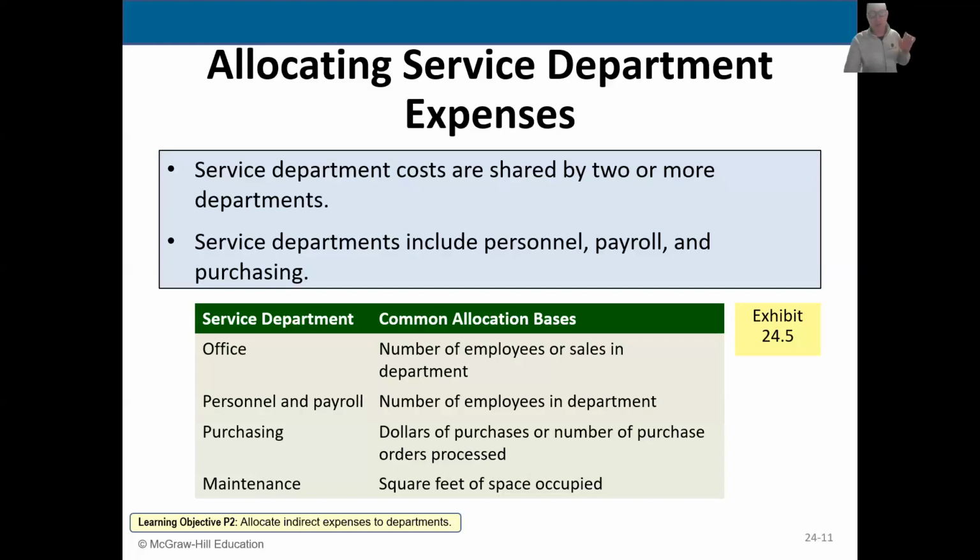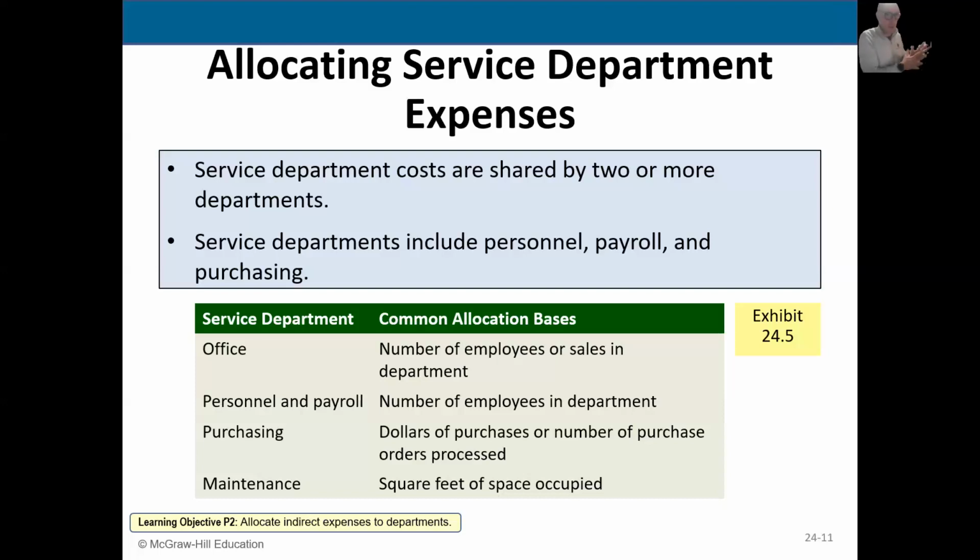Okay. Then we have what's called service departments. Service departments are supportive departments. They support the operations. Okay. Examples would be the accounting office, payroll, human resources, purchasing, maintenance, general office.